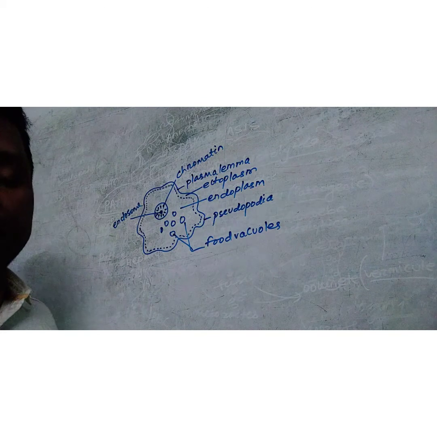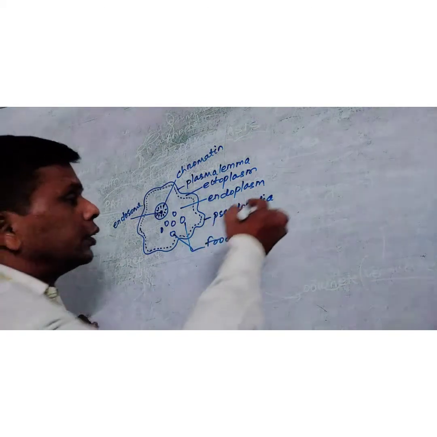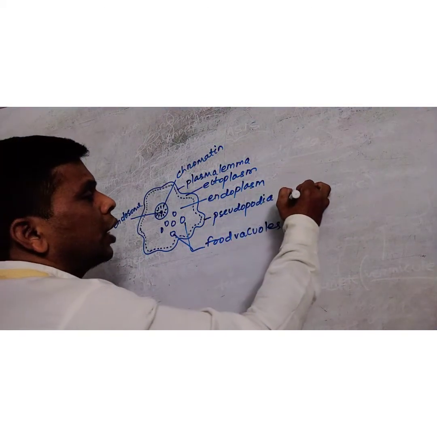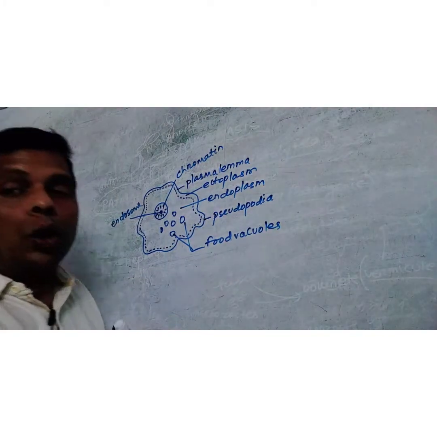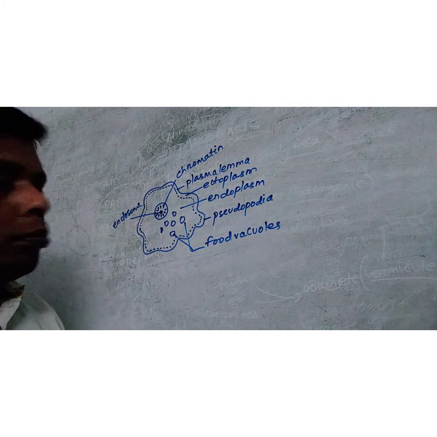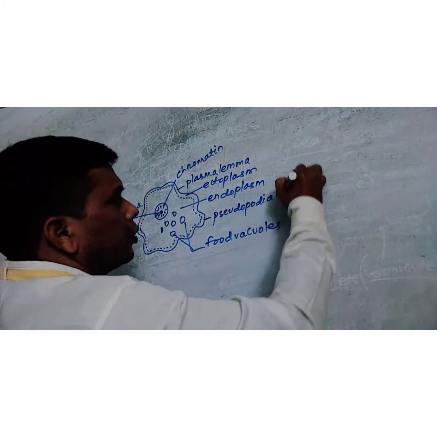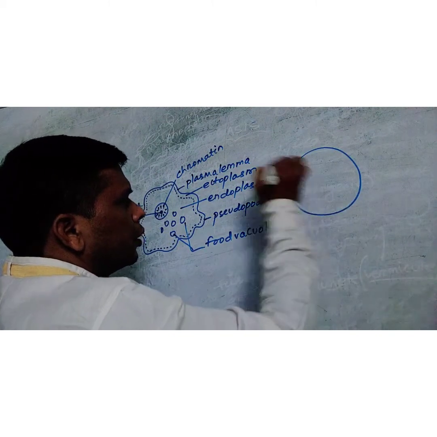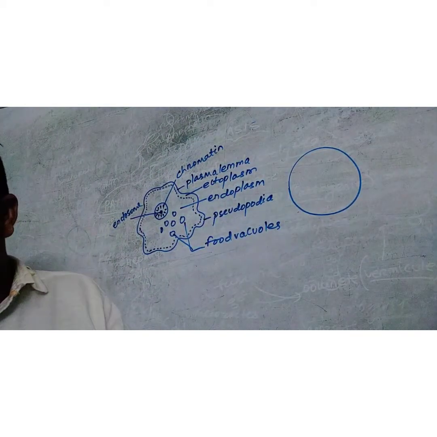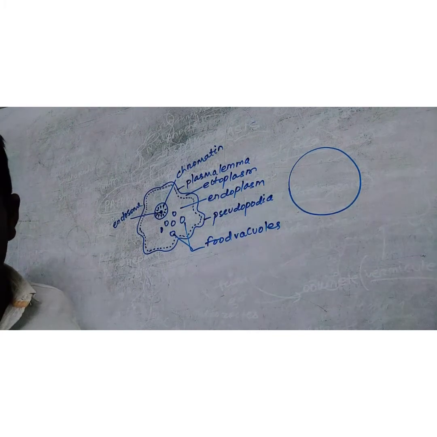What are the differences in the pre-cystic form? The pre-cystic forms are mostly spherical in nature.